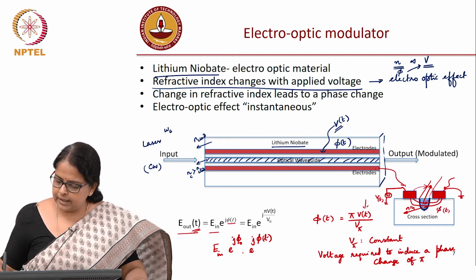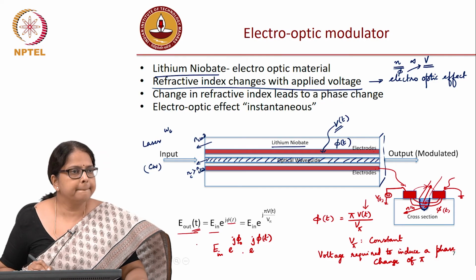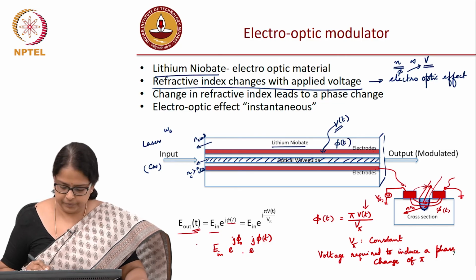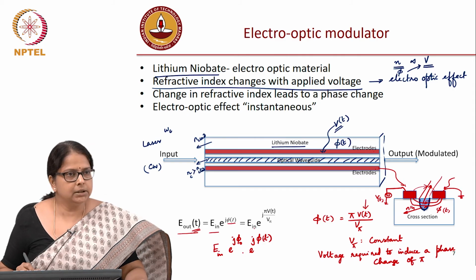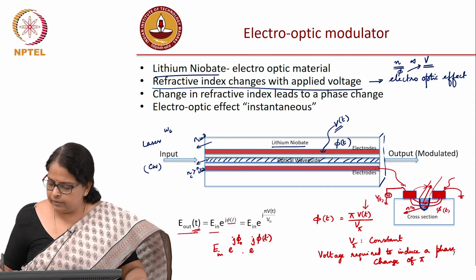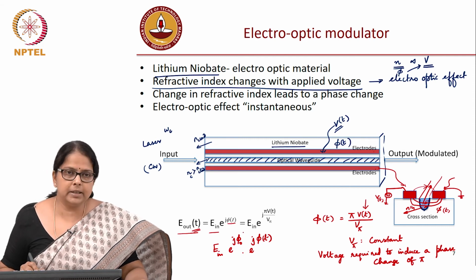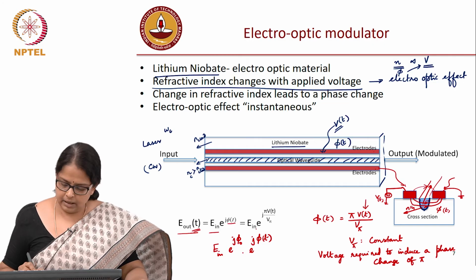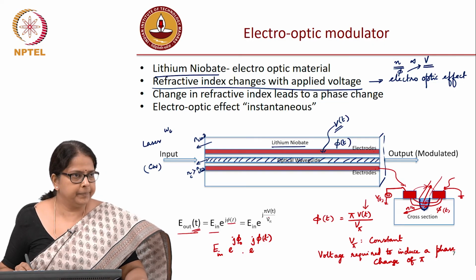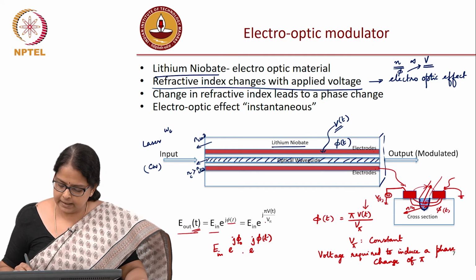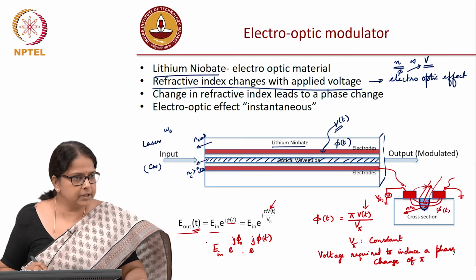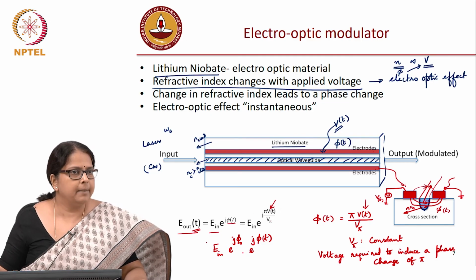When your V of t is 0, when your applied voltage is 0, what is E out? E in. When your V of t is equal to V pi, your output is e power j pi. So, I can say that V pi is a voltage that I need to apply at the input such that the phase at the output is pi.